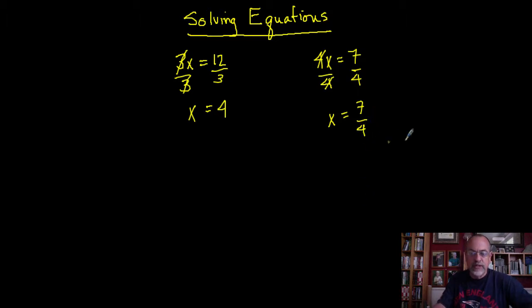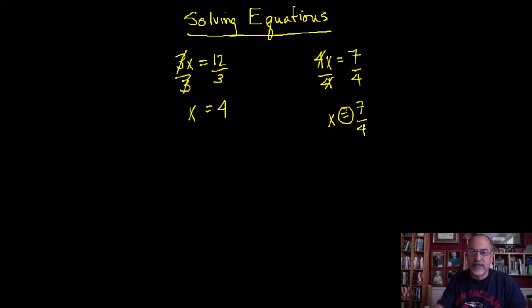Now, there's nothing wrong with a fractional answer, except that if we're going to substitute this into another expression, because the equal sign tells me that the letter x and the number 7/4 are interchangeable, if I have to substitute in the 7/4, then I have to work with fractions, which can be a little bit difficult. So if we could avoid this scenario where we end up dividing by a number that the other side is not divisible by, then we would not have to run into fractions.